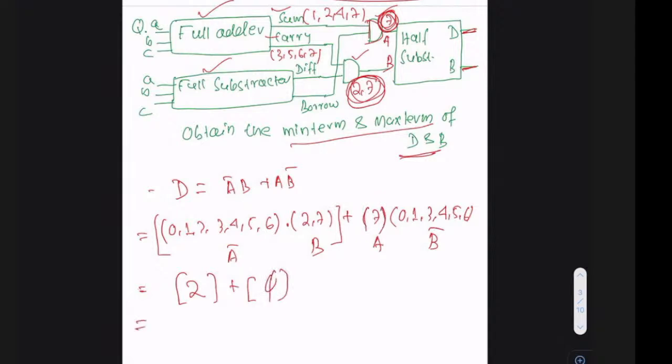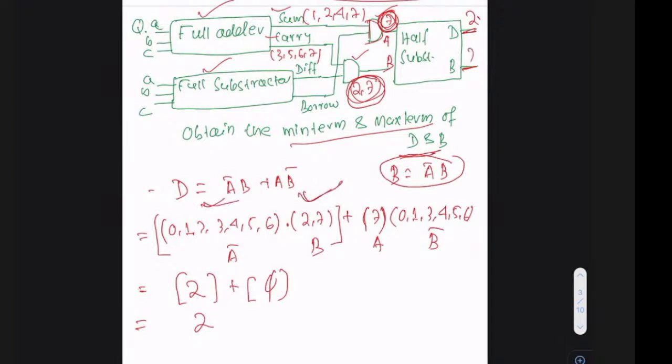So if I ask you what is the overall result, it is minterm 2 only. So the minterm of the difference is nothing but 2. And what about the borrow? The borrow expression is given by A bar B. So A bar B itself is this term. This is A bar and this is B. So A bar B, if you see, the common factor is again 2.